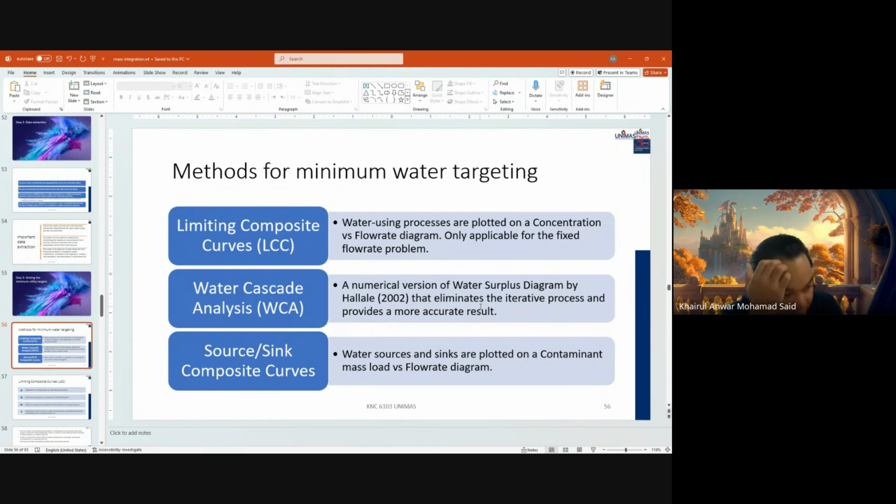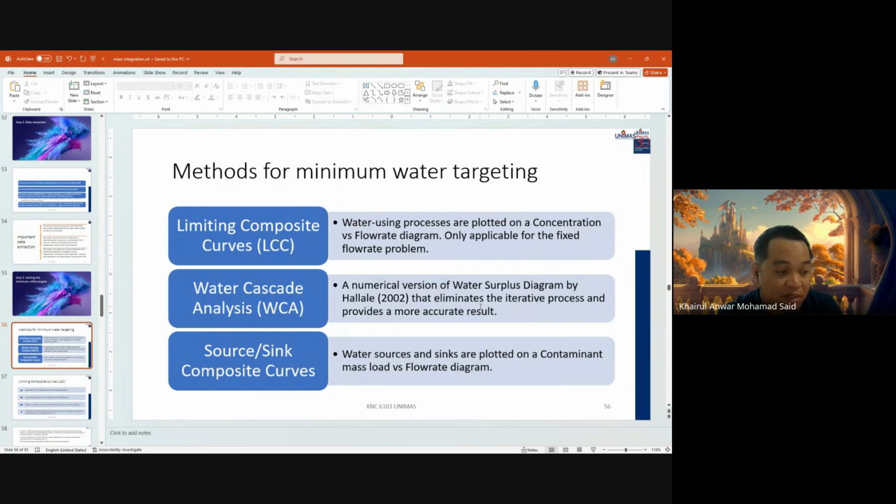The gist is we target before we design. If you design a network of pipes first, you are just guessing. So we target, then we do design.